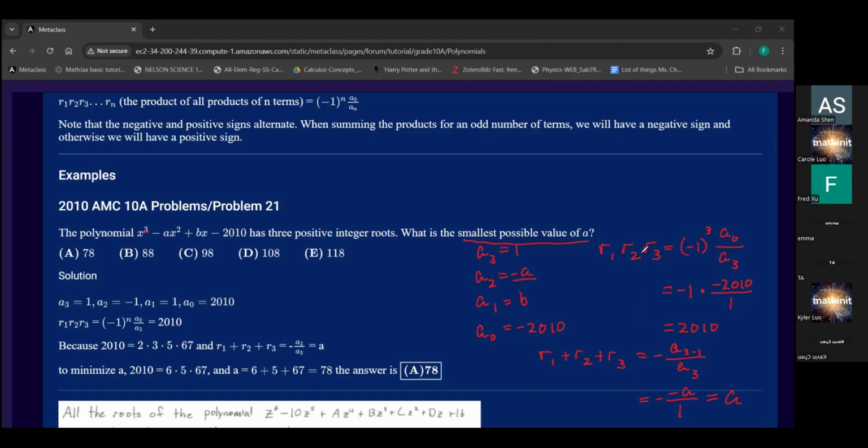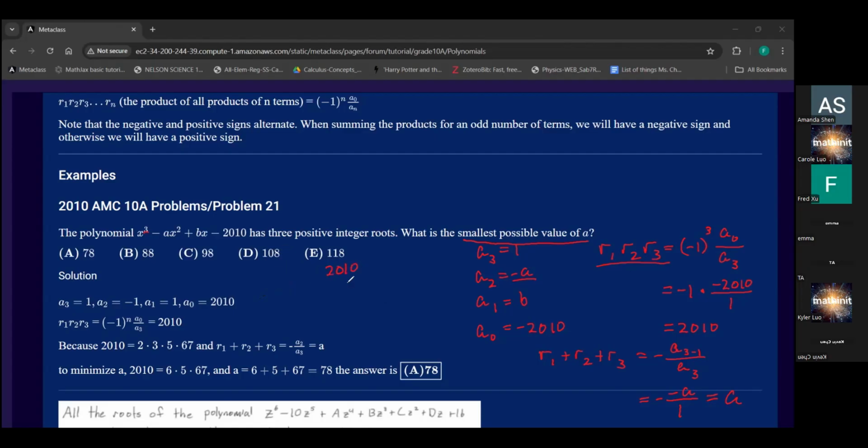So that will give us all the possible values of R1, R2, and R3. And I'll write it here. So 2010, you can divide it by 2, right? So we have 2 here.